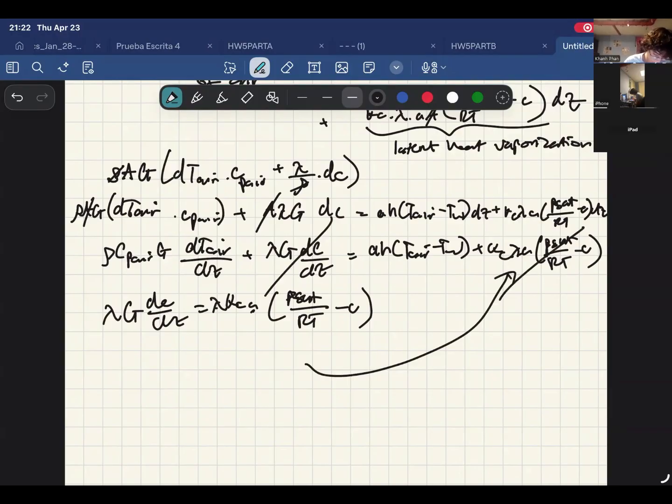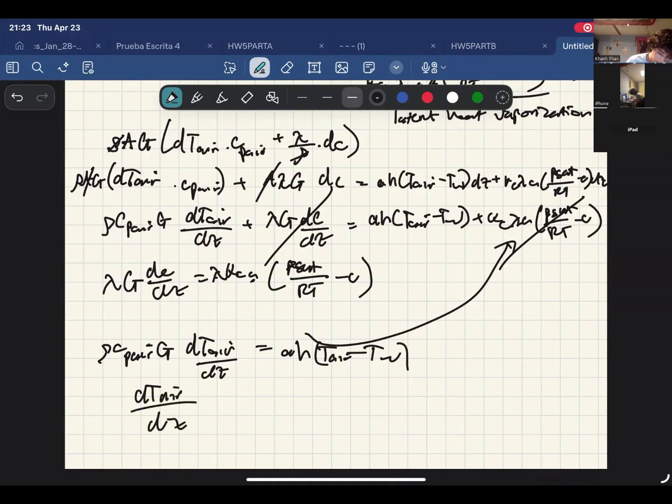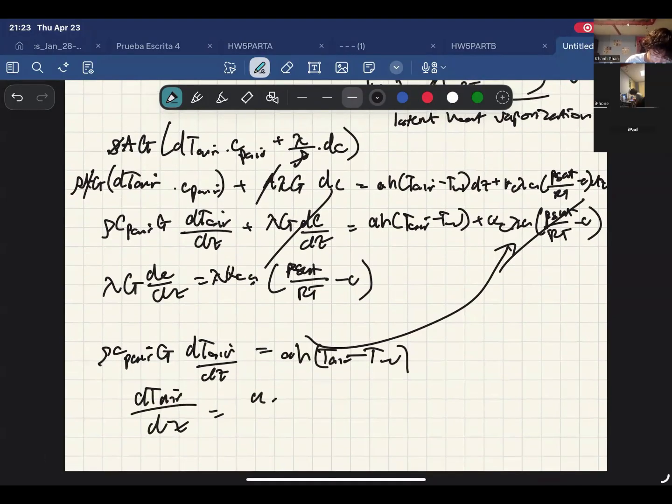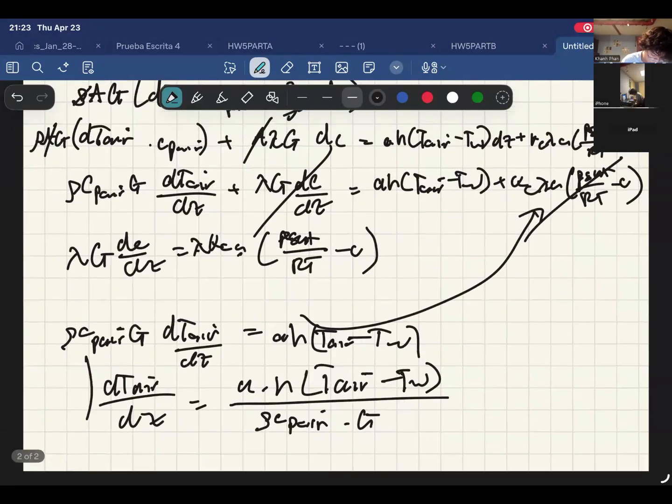So we can cancel out these two terms, which leaves us with rho times heat capacity of air times G dT air over dz is equal to a H (T air minus T water). And then we can move everything else to the other side. dT air dz is equal to packing times heat transfer coefficient times (T air minus T water) over rho times heat capacity of air times G. So we came up with the last equation.